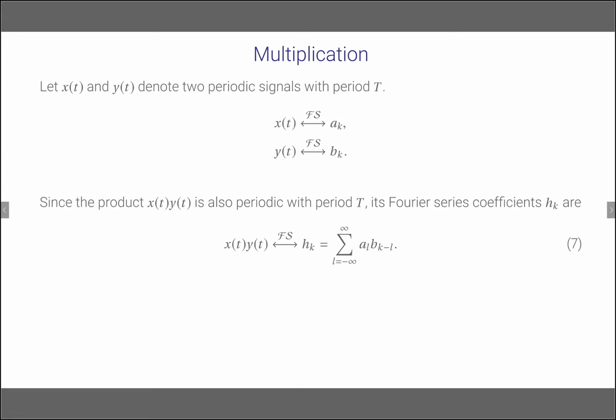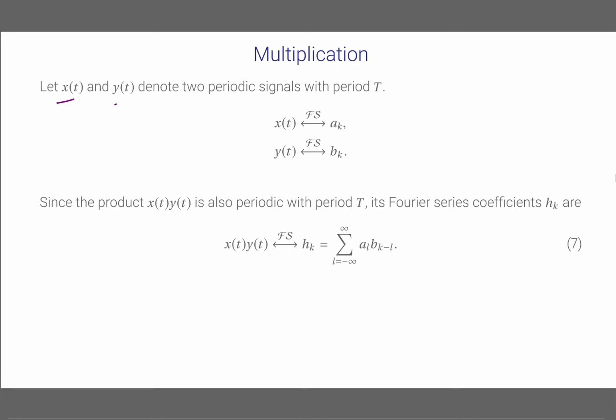Okay, then the multiplication property. I will not explain this in detail or use this right now. We would be able to understand this when we think about convolution of discrete time signals. But just for the sake of completeness, we will go through this. Let x(t) and y(t) denote two periodic signals with period T. So x(t) has Fourier series coefficients a_k, y(t) has Fourier series coefficients b_k.